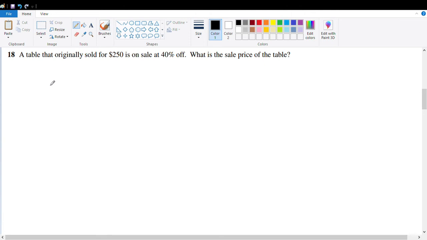Well, again, from the previous video, we tackled a similar problem using part over base is equal to percent over 100. So we're going to relabel, we're going to find things, we're going to use the word problems to fill in the missing pieces.